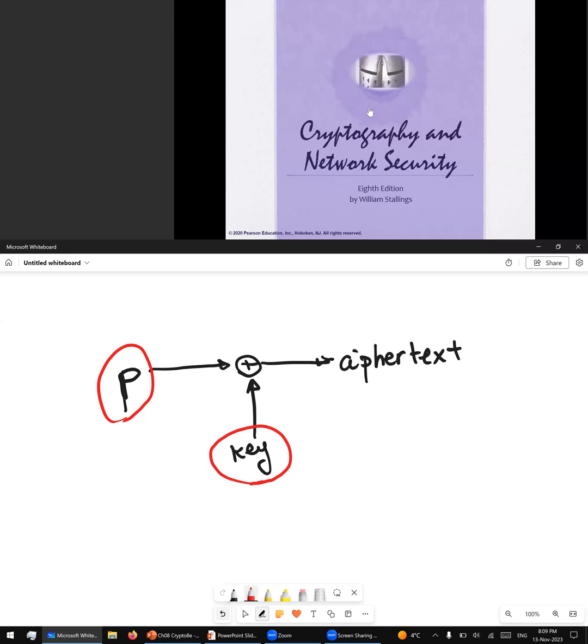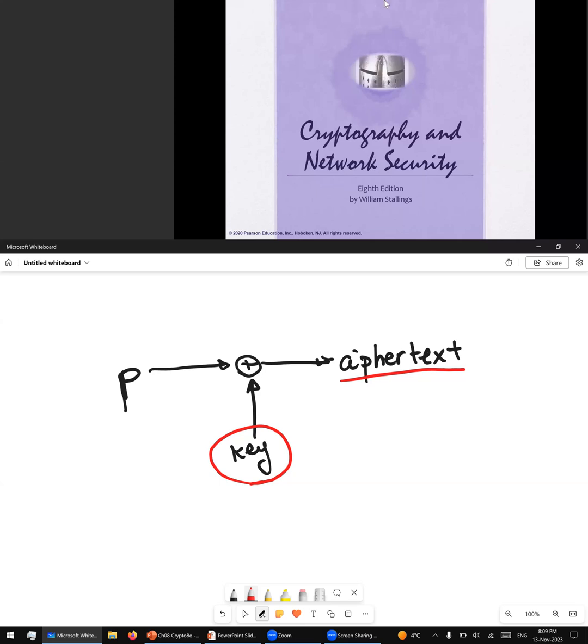It has to be random enough to flip randomly some bits of your plain text. And so if the adversary sees the ciphertext, he doesn't really know which ones were flipped and which ones weren't. In other words, from the perspective of the adversary, there's a 50-50 chance that a bit could have been flipped or could not have been flipped, right? Meaning that you have maximum amount of uncertainty.